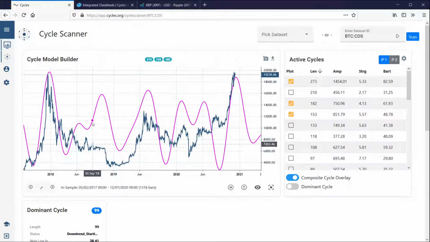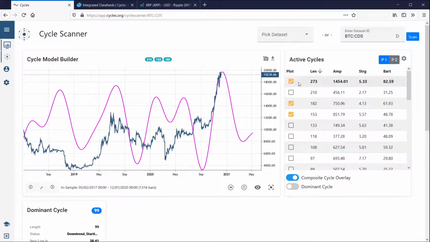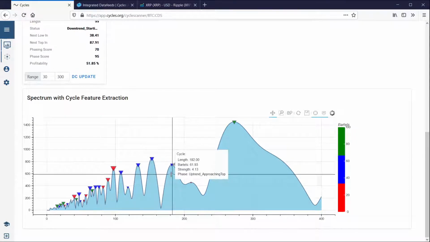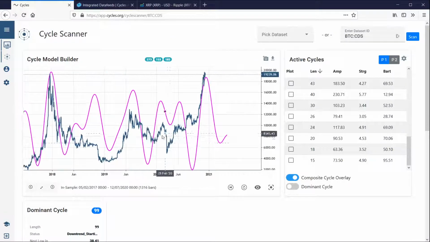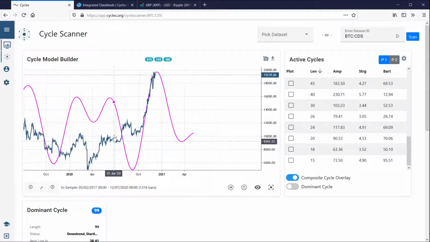So from a long-term perspective, this seems to fit now, at least for a composite, and I've just used these 3 cycles for this composite. You can see just from the alignment to the data set, the turns align quite well.